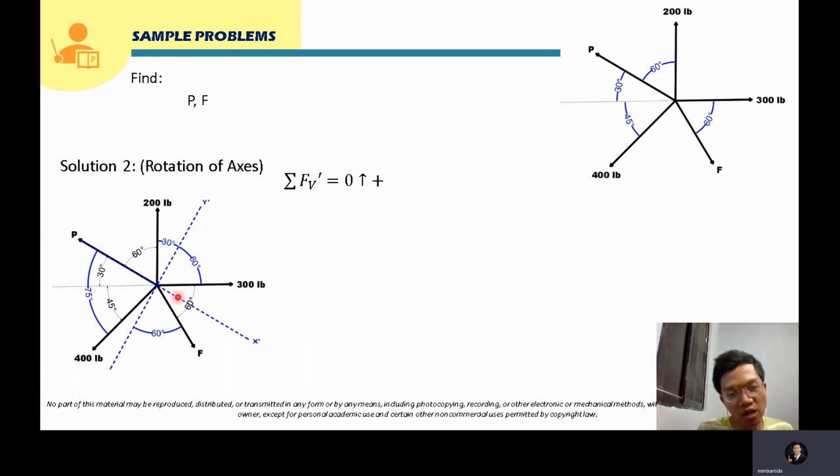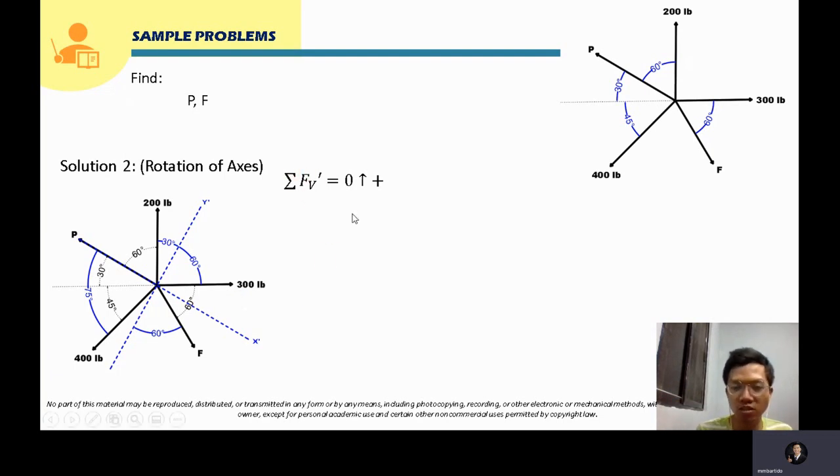So here, this 200-pound force is directed upward to the left with respect to the new x and y axis. Your force P is directed to the left. This 400-pound force is directed downward to the left. And this force F is directed downward to the right. And this 300-pound force is directed upward to the right.